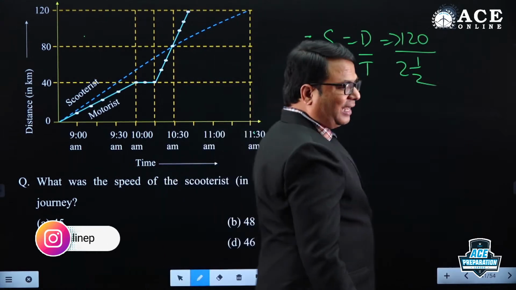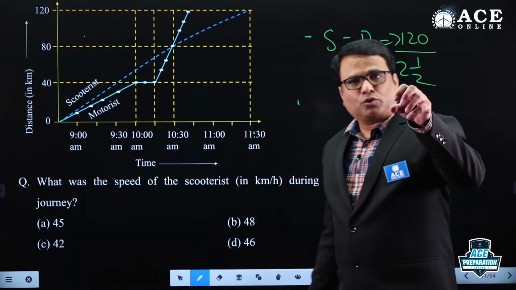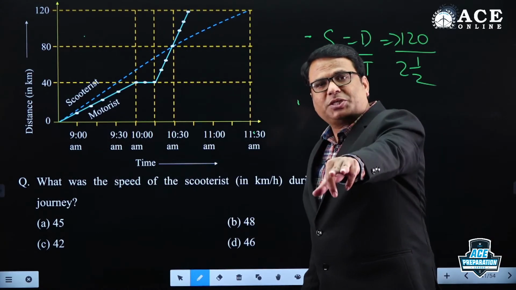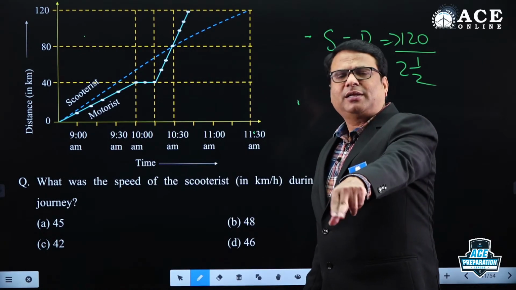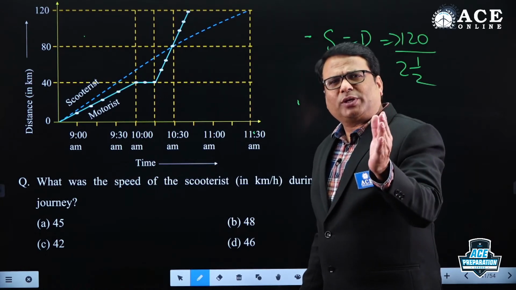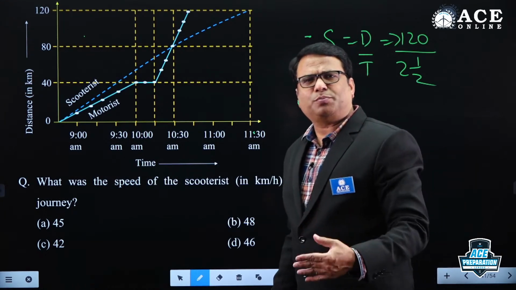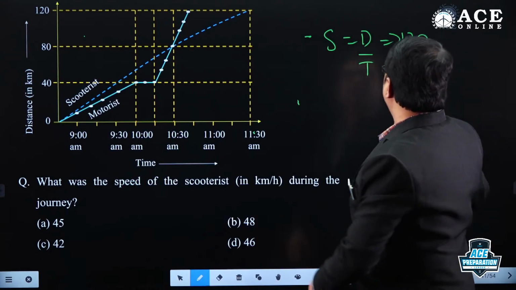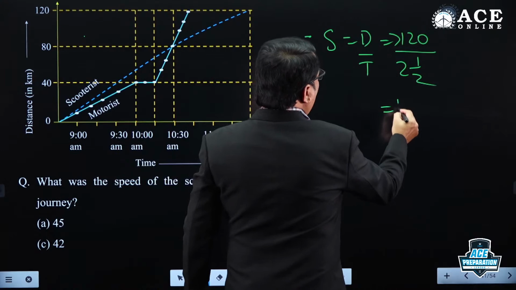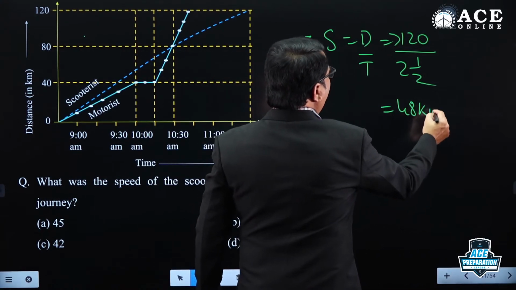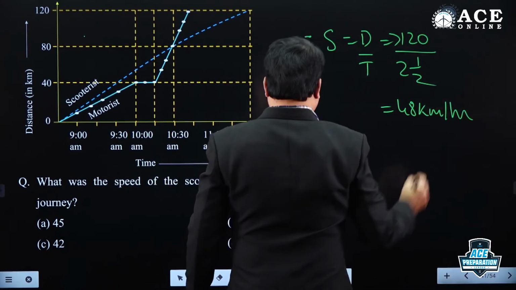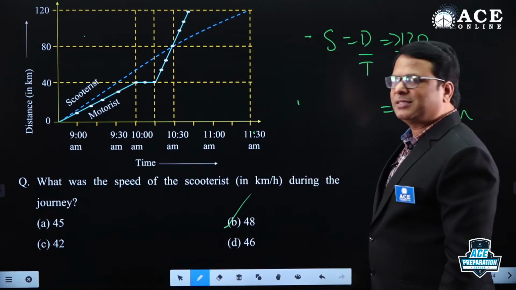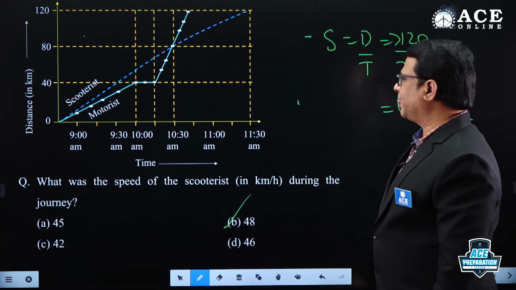So 120 divided by 2.5, that is 5 by 2, you will get 48 kilometers per hour. So the answer is 48 kilometers per hour. B is the answer. Okay?